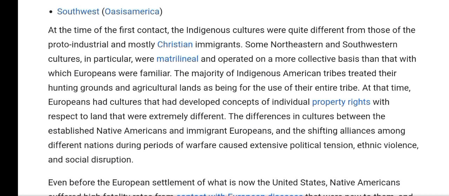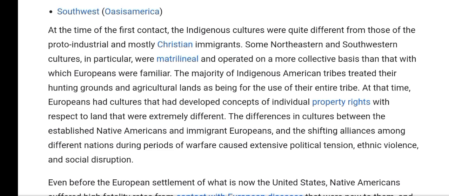At that time, Europeans had cultures that developed concepts of individual property rights with respect to land that were extremely different.